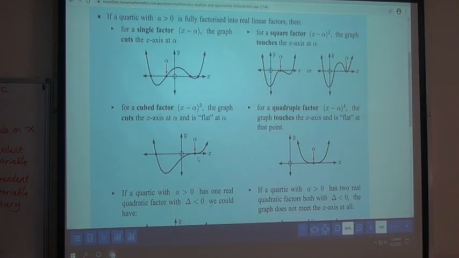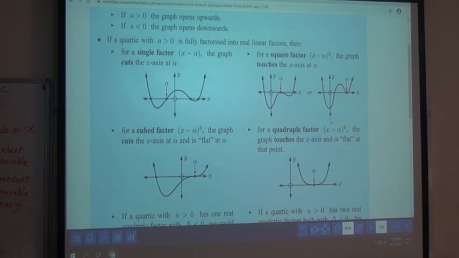If you have a cube factor, the cube will give us the shape of a cubic curve. Are you paying attention? If you have one square factor and 2 linear factors, that means 3 factors, 3 points of intersection. But the square factor will not cross. It's just going to touch. So please let's take note of that.